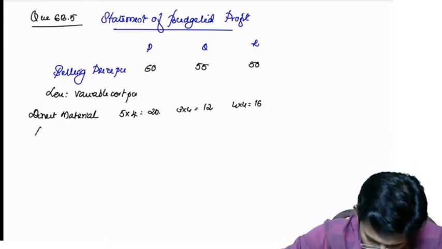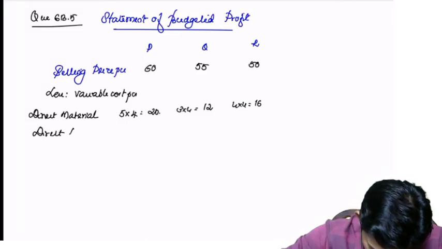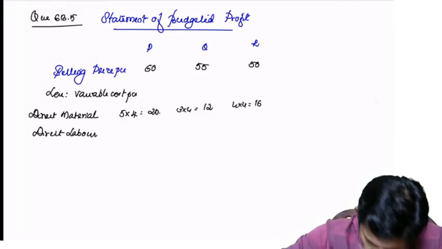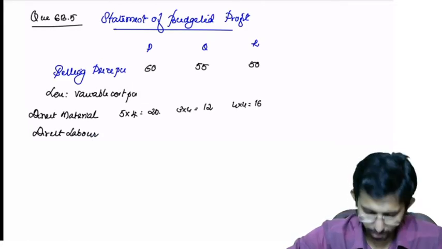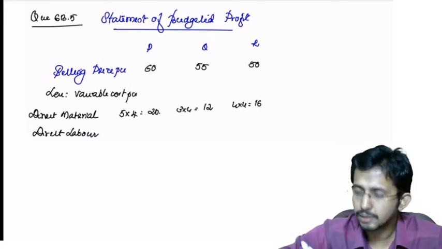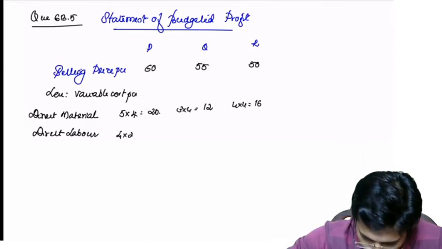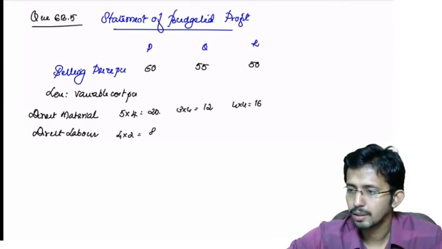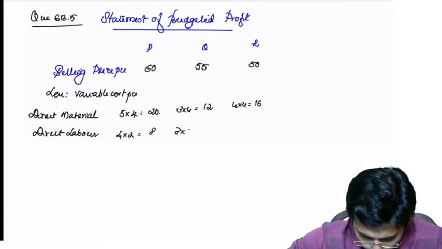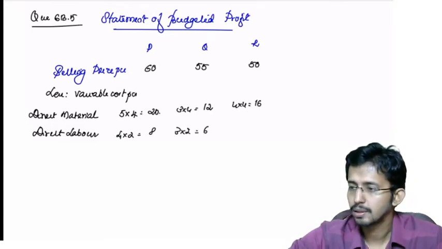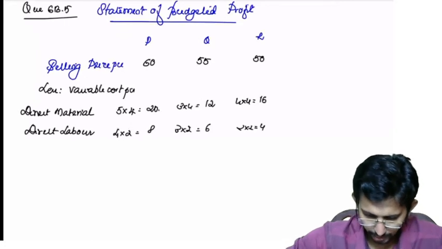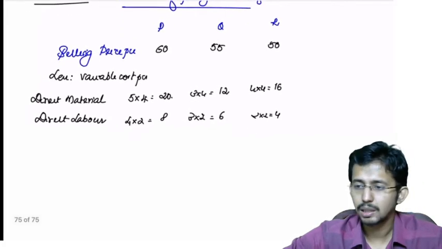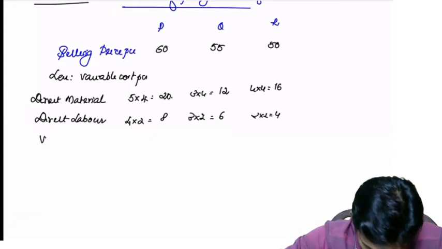Then going ahead, direct labor. Similarly, the labor hours per unit is given and labor rate is also available. So labor hours is 4 into 2, that is 8. Then 3 into 2, that is 6. Then 2 into 2, that is 4. That is direct labor.